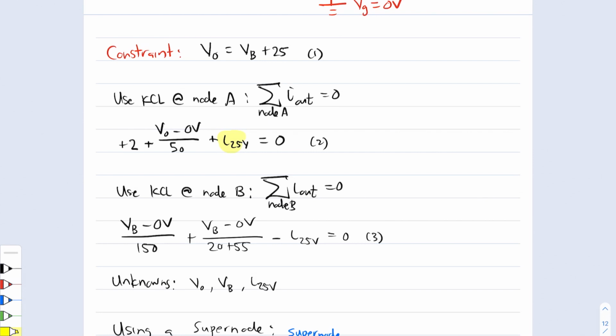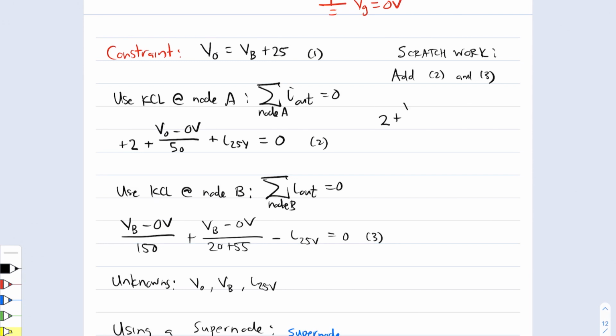Notice that this plus I of 25 and this minus I of 25, when I add them directly together, are going to cancel out. So here, I'm going to add equations 2 and 3 as scratch work.